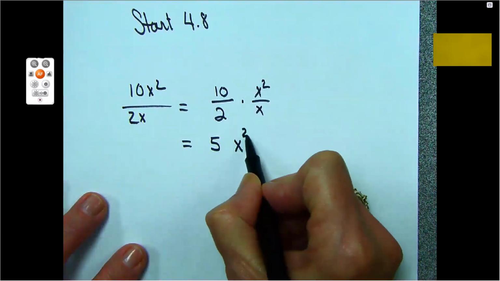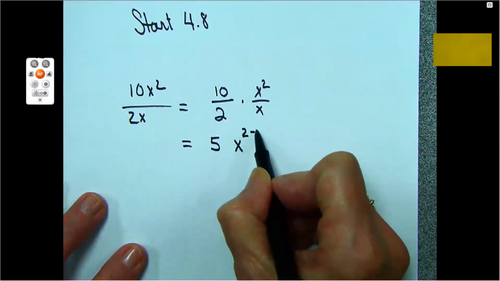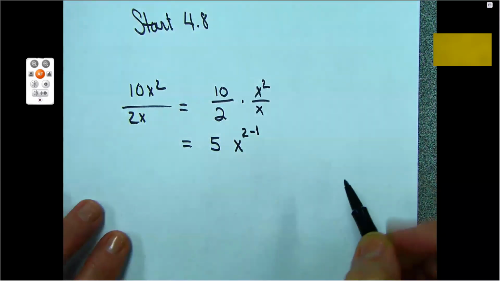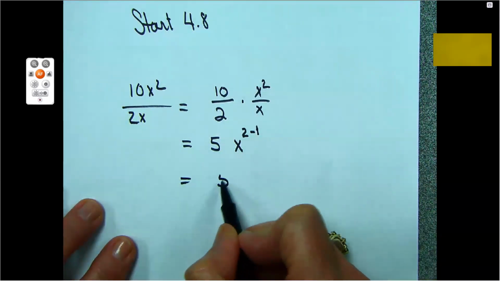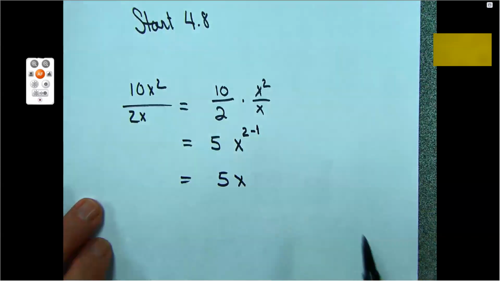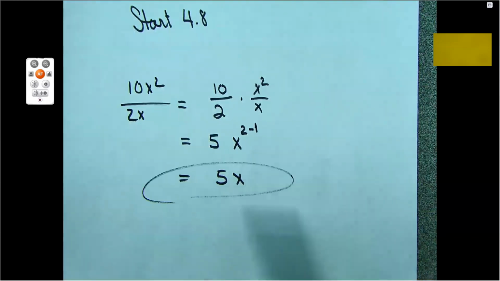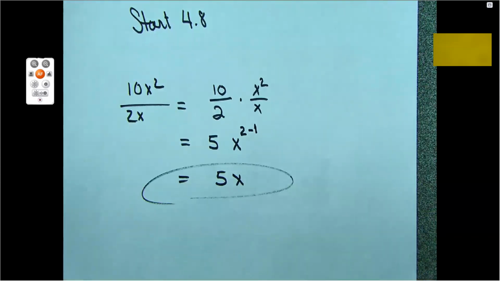Subtract the denominator's exponent from the numerator's exponent. So we have 5 times x to the first. That's quite mechanical. With our rules for exponents, you should maybe be able to do mental math with this one.